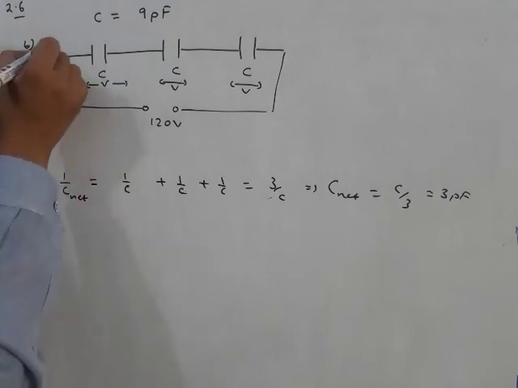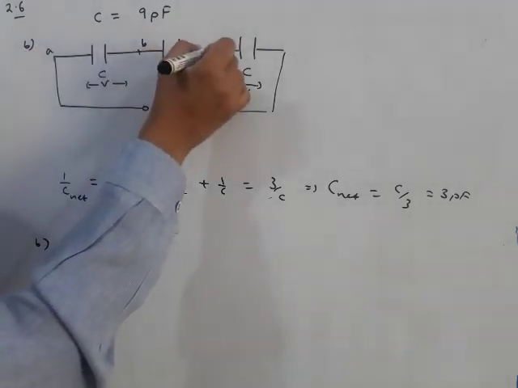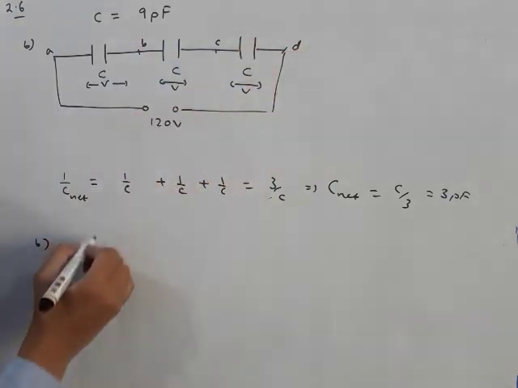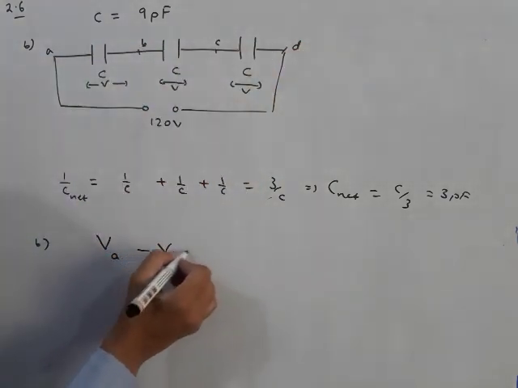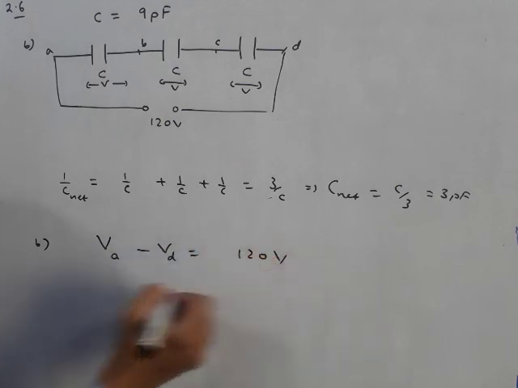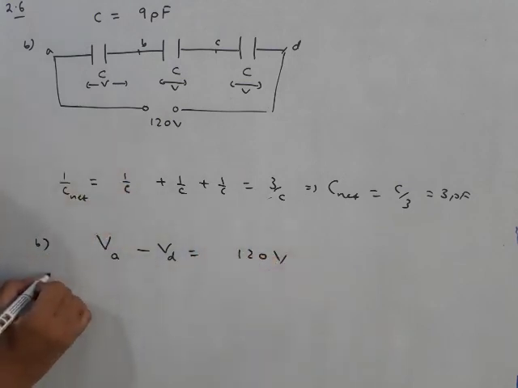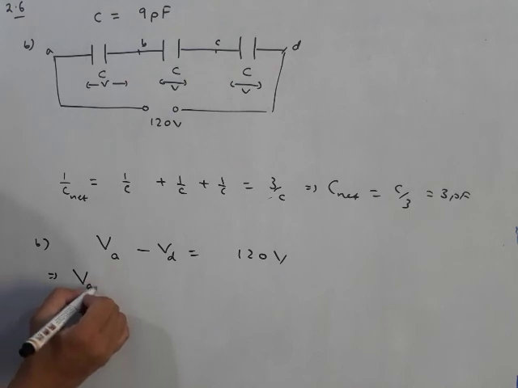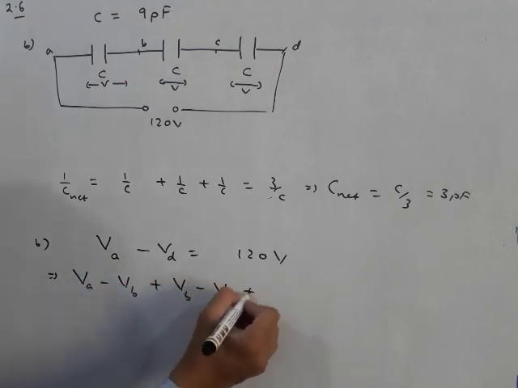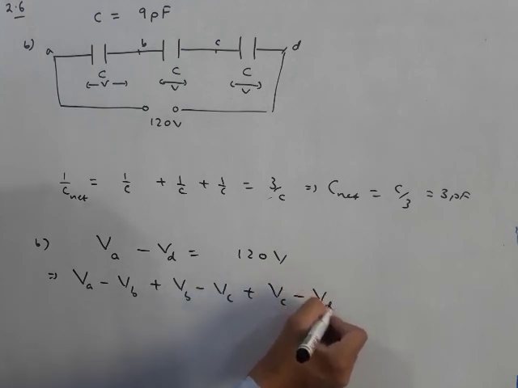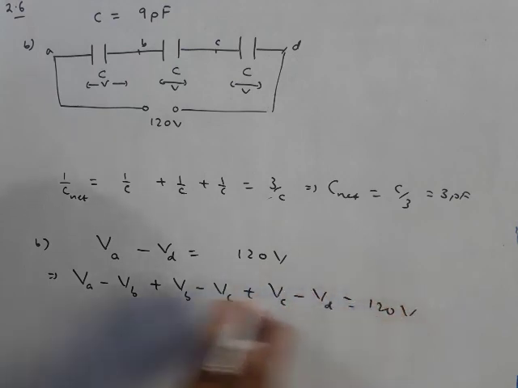If you choose this point as A, this point as B, this point as C, this point as D, then the potential difference between points A and D, VA minus VD, is how much, student? That is 120 volts. Now VA minus VD I can write like this: VA minus VB plus VB minus VC plus VC minus VD, that is 120 volts.